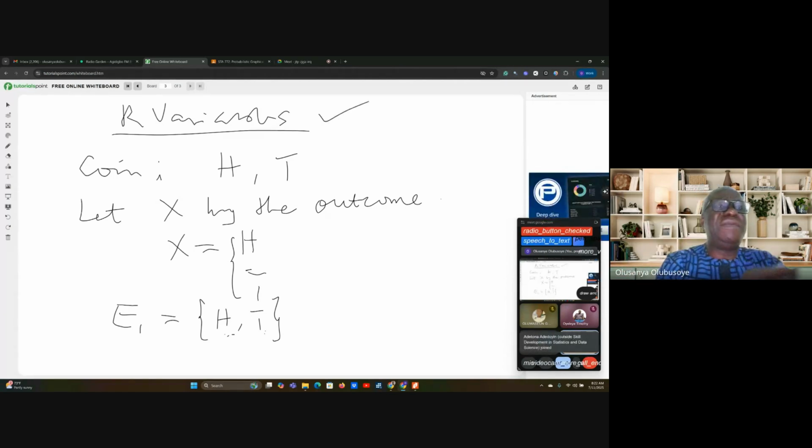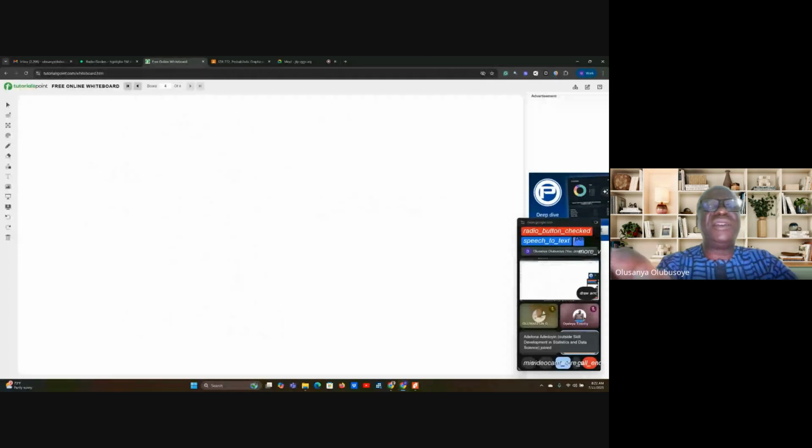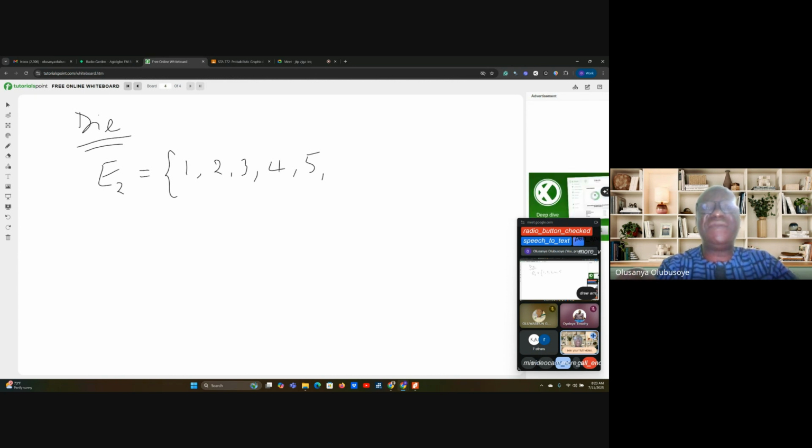If you have another experiment of throwing a die, you could define that experiment too to have possible outcomes 1, 2, 3, 4, 5, 6.